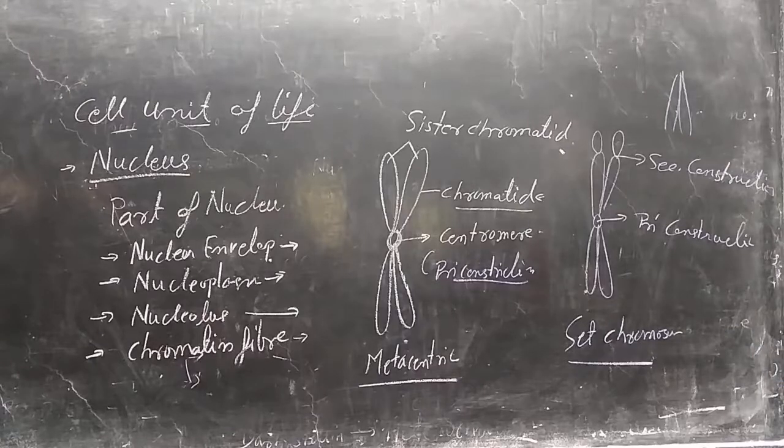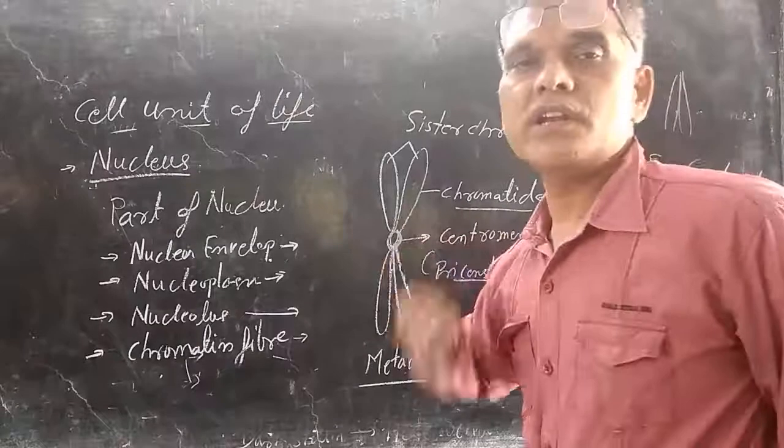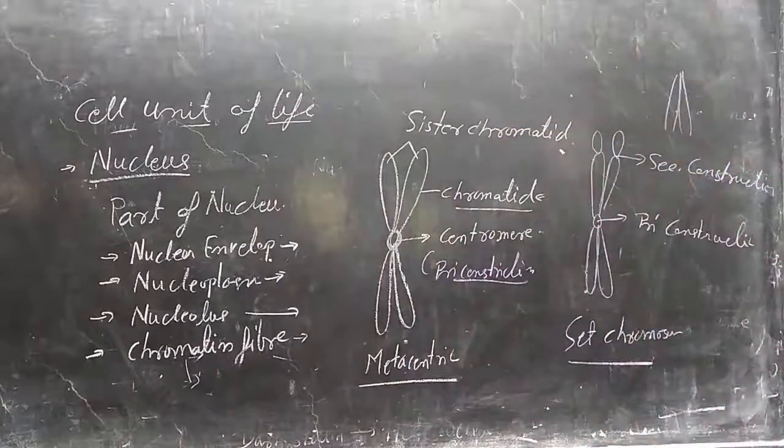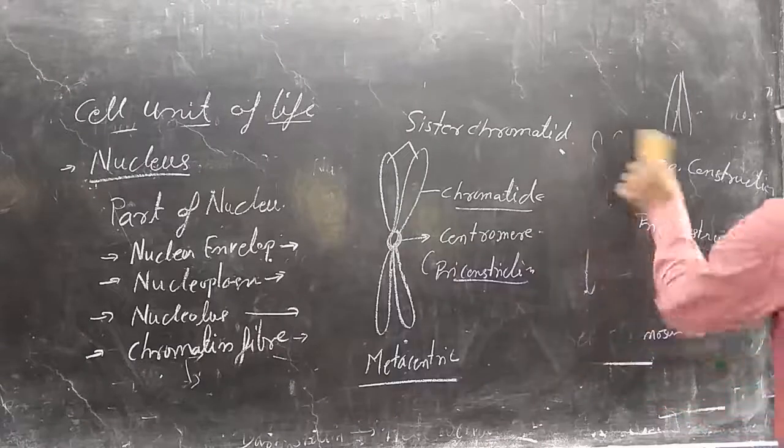That's why the secondary constriction is present only in some chromosomes, like 13, 14, 20 and 21, which help in the reformation of the nucleolus inside the nucleus. So these are the four types of chromosomes according to the position of the centromere.